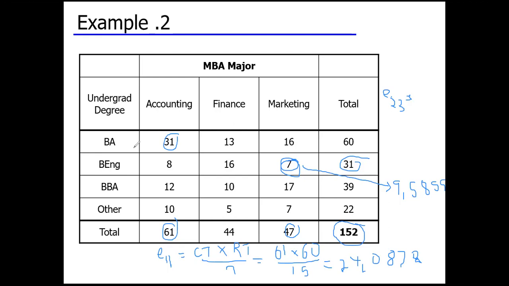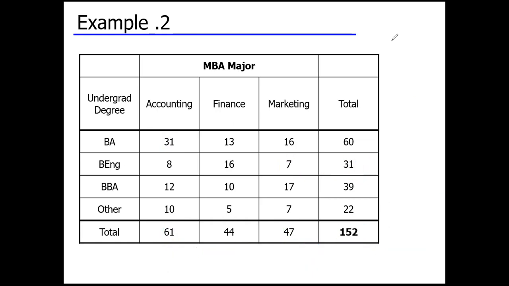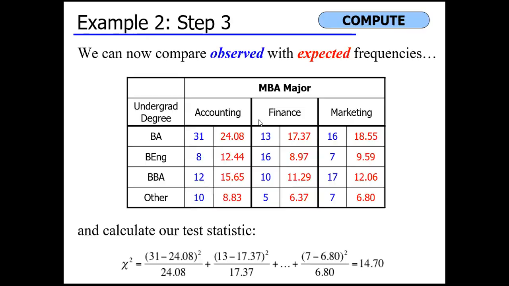And then 31 is associated with 24.0878, which is the same as 24.09. Let me quickly go to the table where they have calculated everything for us. Did we get the same answer as theirs for 31?